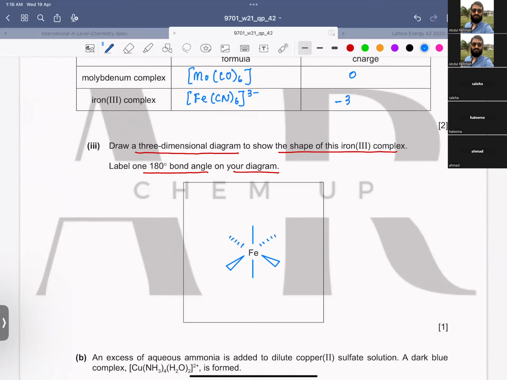And here we have cyanide, so I would bond a carbon of every cyanide with the transition metal.